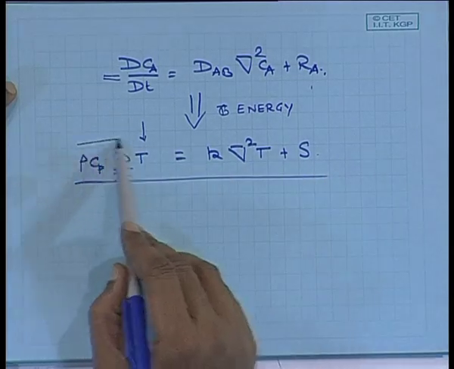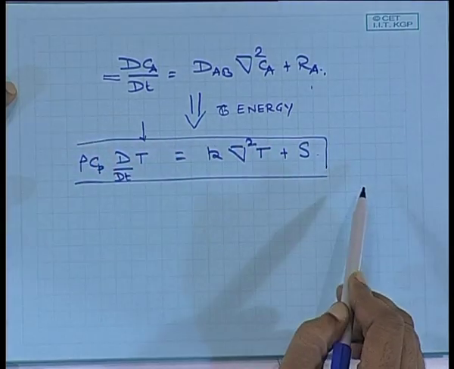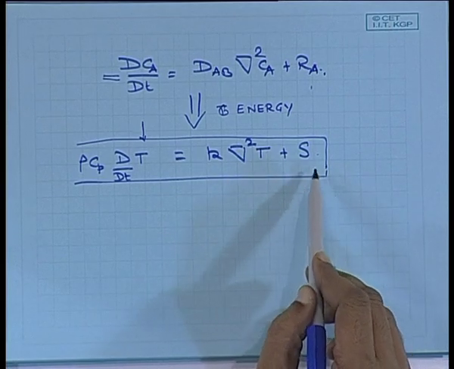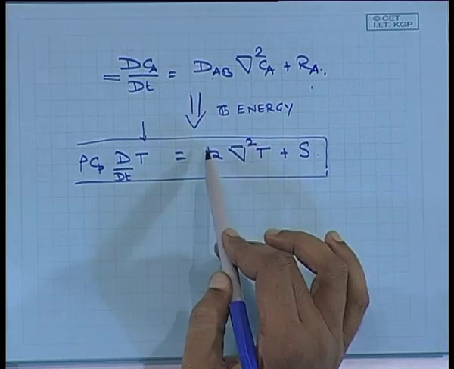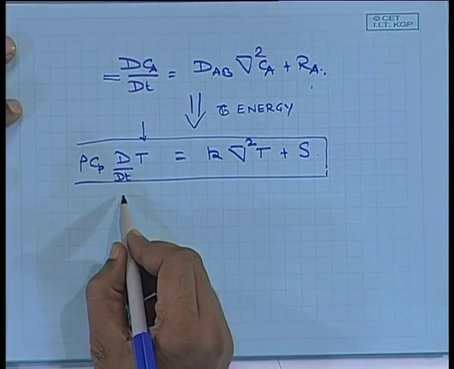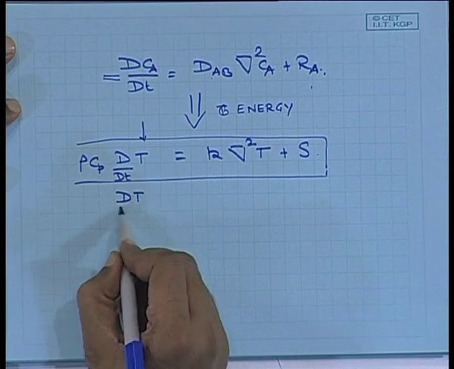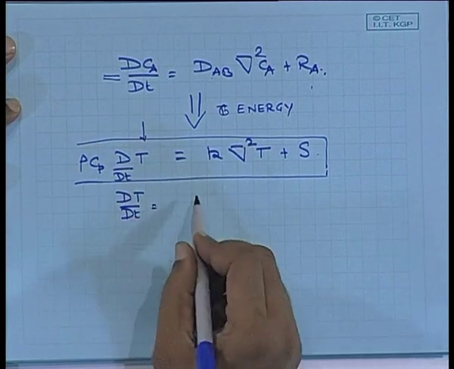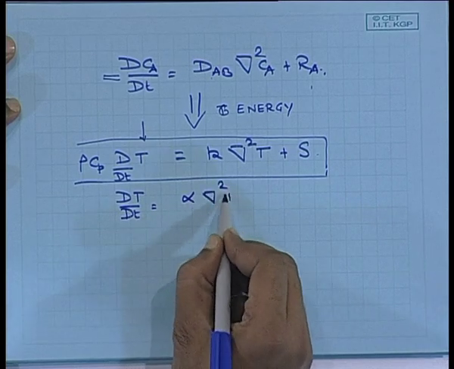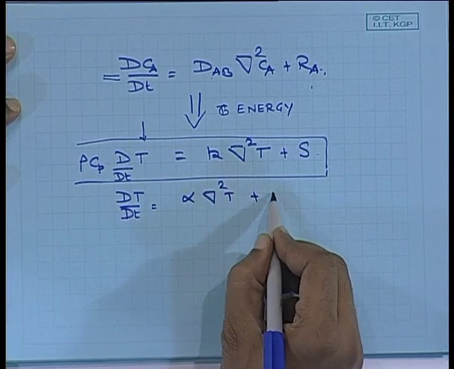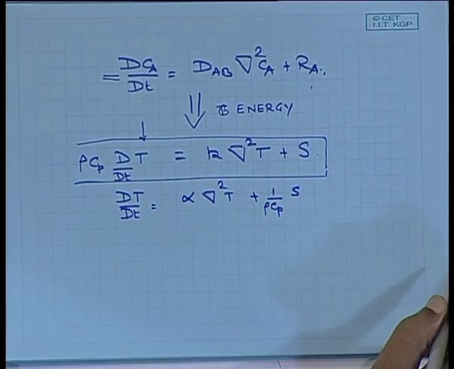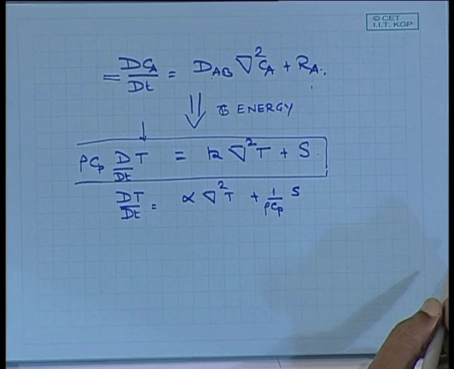So, a completely equivalent heat transfer form of this equation can be obtained by simply replacing the terms. So, a more common representation of this is, what is K by ρCp? Alpha times ∇²T plus some constant 1 by ρCp times S. So, you have used this equation.